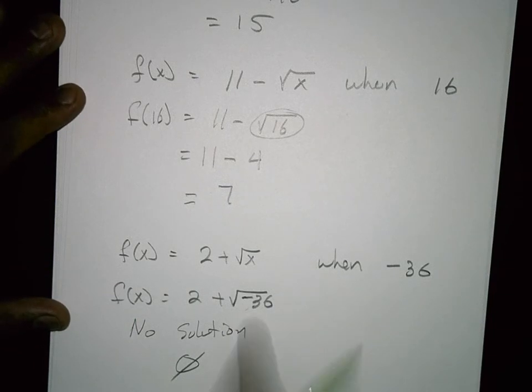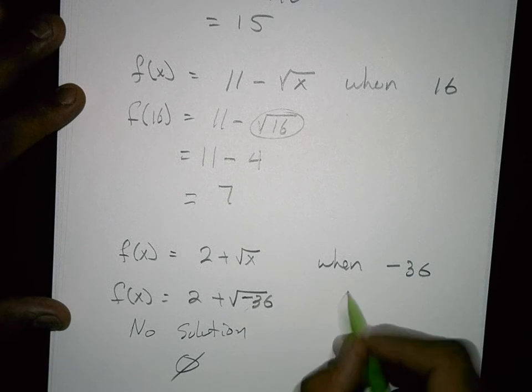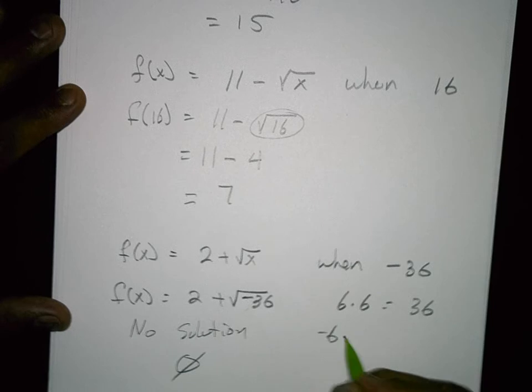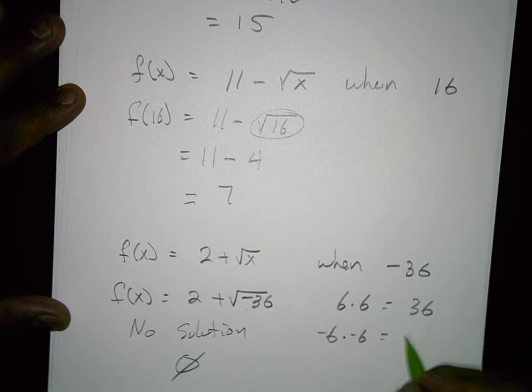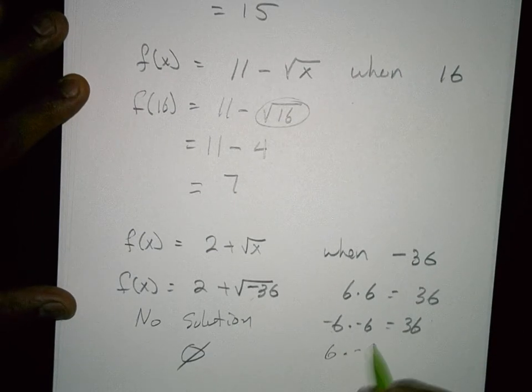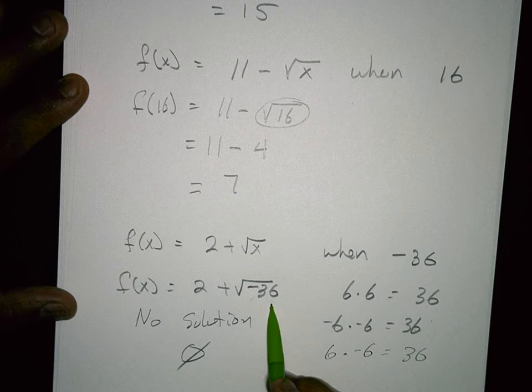The question is, can I get two identical numbers to multiply to negative 36? A positive 6 times a positive 6 is 36. A negative 6 times a negative 6 gets me to positive 36, because a negative times a negative is a positive. I can get to negative 36 if I do 6 times negative 6, but those are not identical numbers, so it's not a square root.